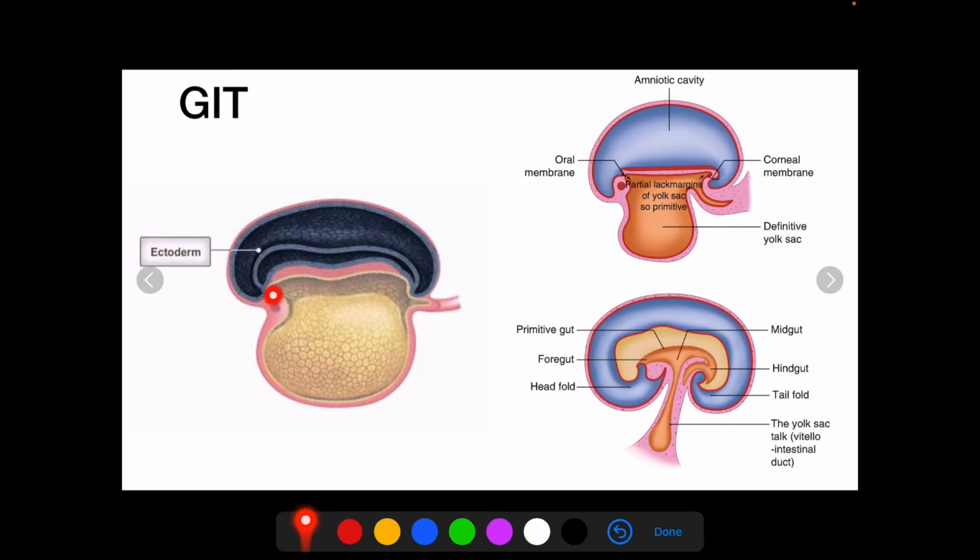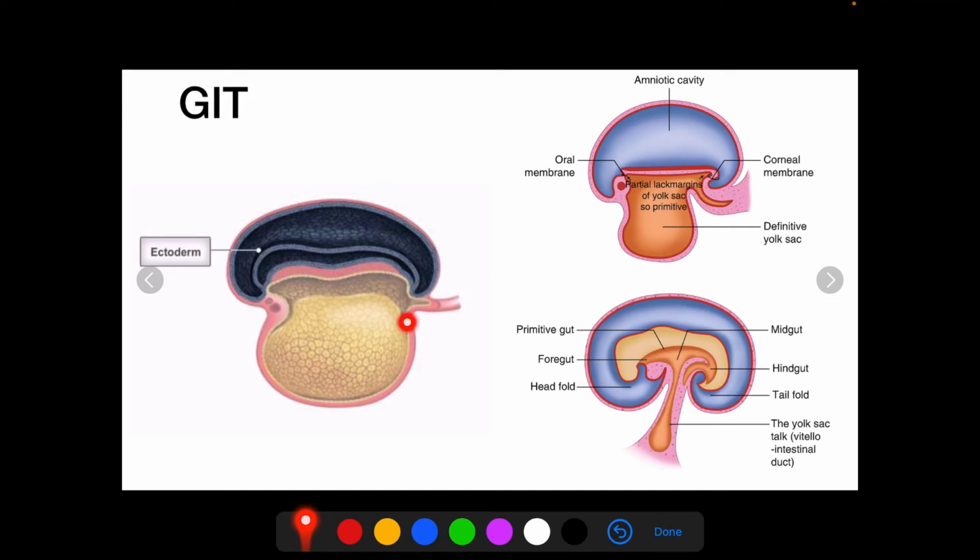The foregut starts from the esophagus till the 2/3 of the duodenum. Midgut starts from the 2/3 of the duodenum till the ascending colon, and the hindgut continues from this till the anus, above the pectinate line.